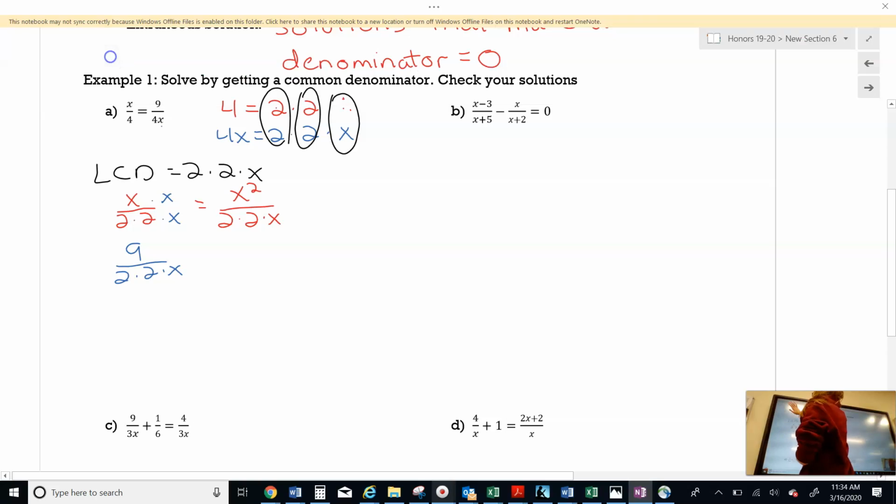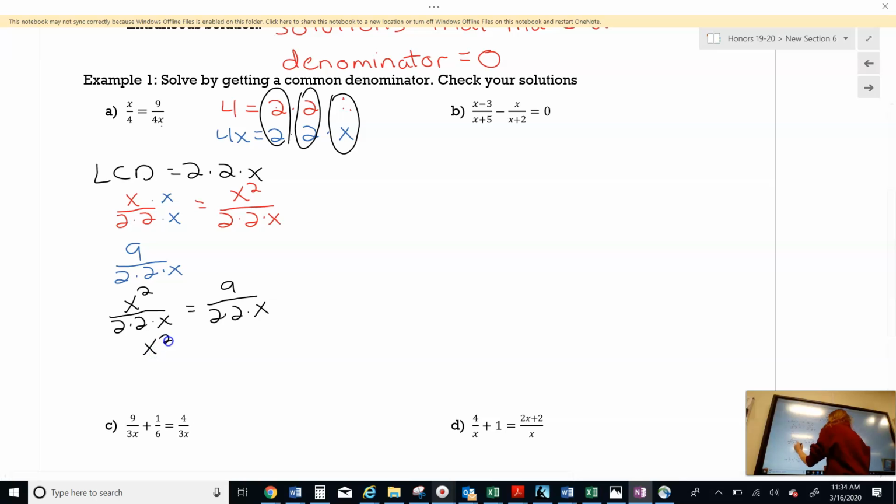So now that I have a common denominator, I can ignore it. I get x squared equals 9. Okay? And then I'm just going to solve for this.